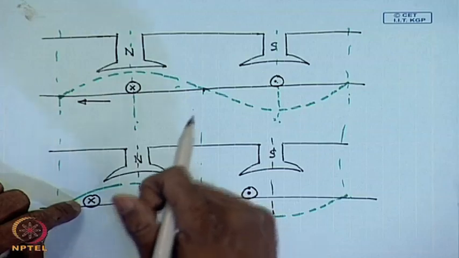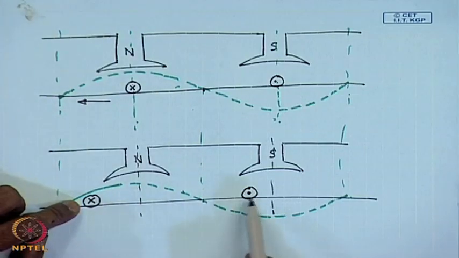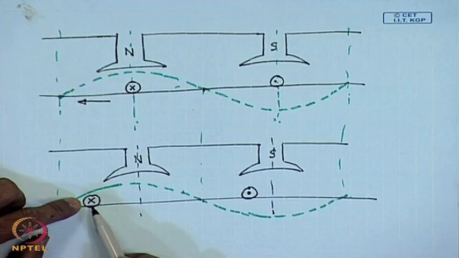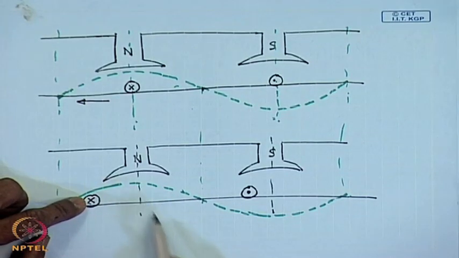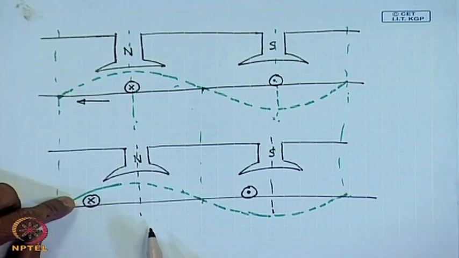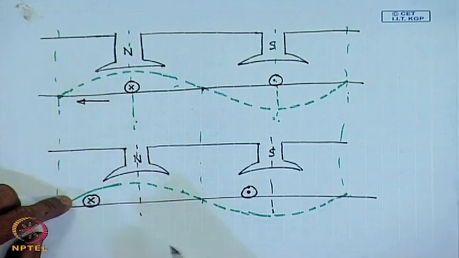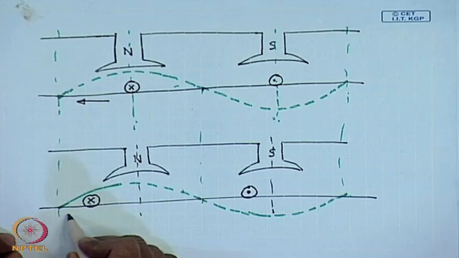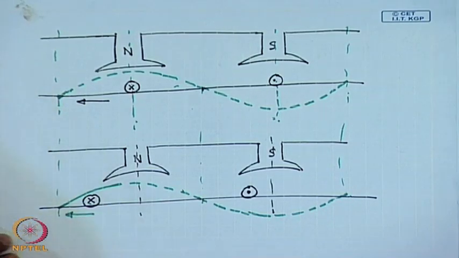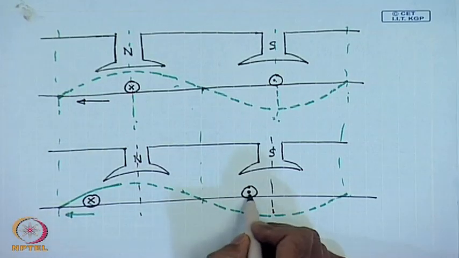The total flux passing through the coil has become positive, because now more flux passes through this coil from the armature towards the pole. So there is a change in flux linkage and we can define a rate of change of flux linkage with time, and according to Faraday's law, there will be a voltage induced in this coil.